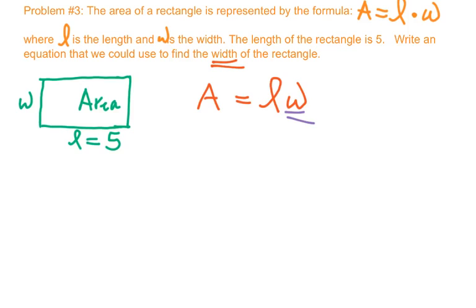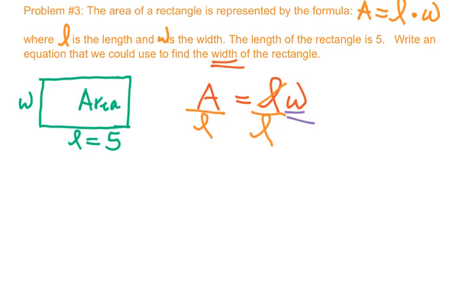So if I look at that, I know that I need to get the W to stand all by itself. That means if I'm multiplying length times width, I need to divide both sides by L in order for me to get W to stand by itself.